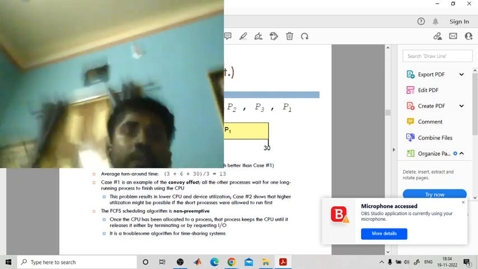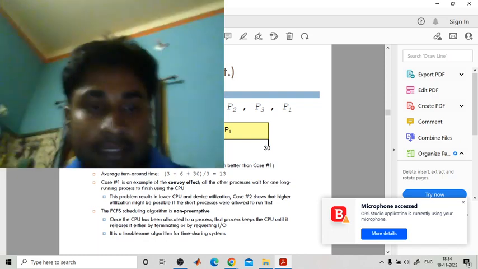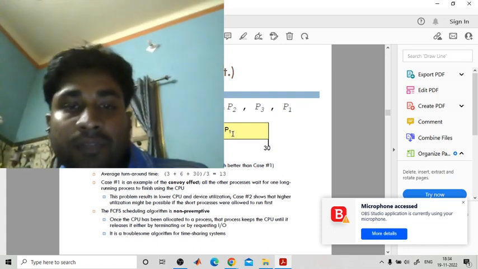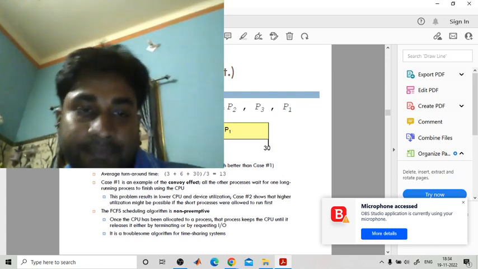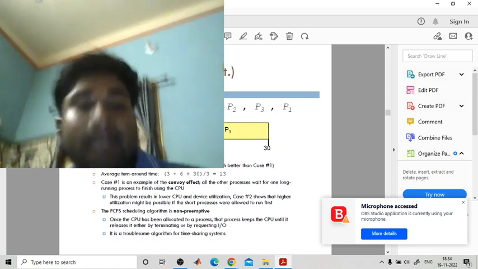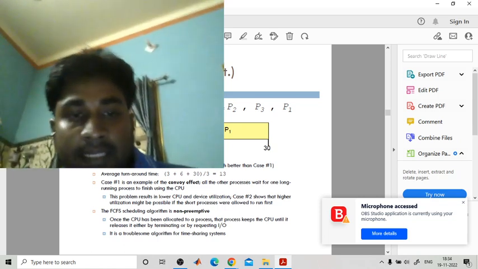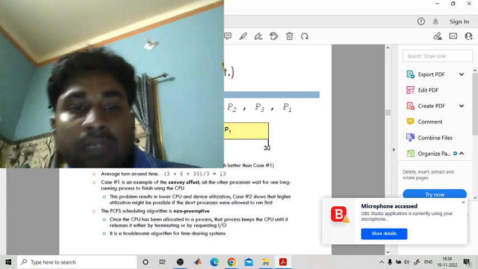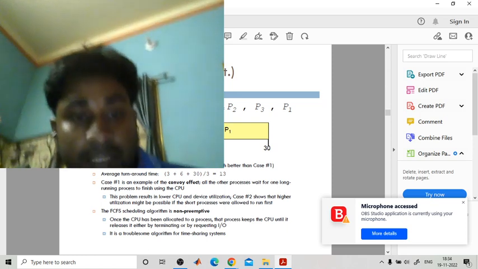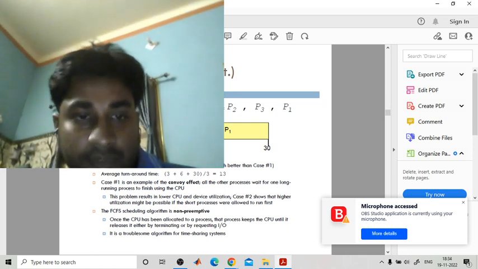Okay. Now we have to calculate the waiting time for every process. P1 will wait for how much time? See that we have told that the arrival time for the processes is 0 here. So 6 minus 0 will be 6. That will be the waiting time for the process P1. Okay.